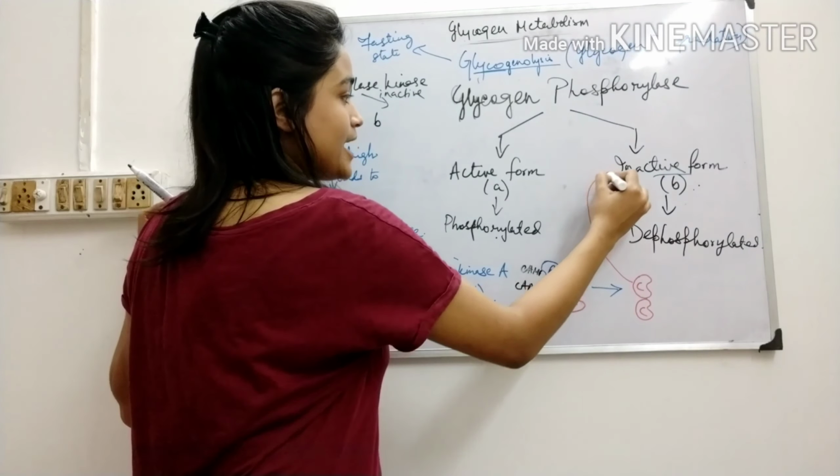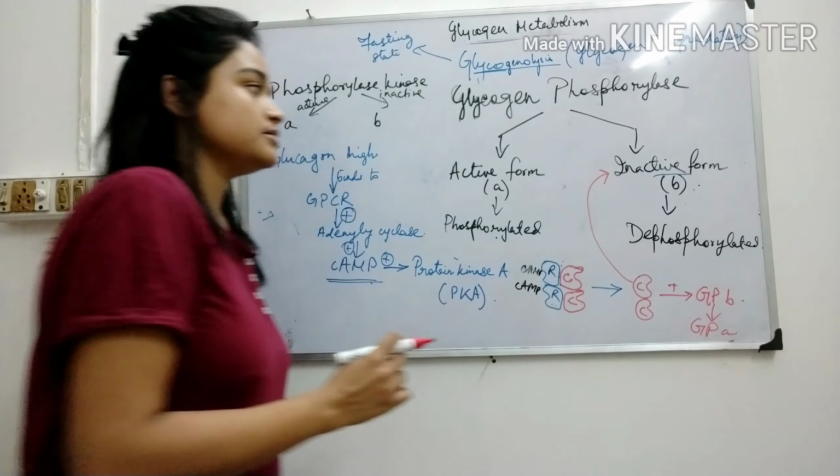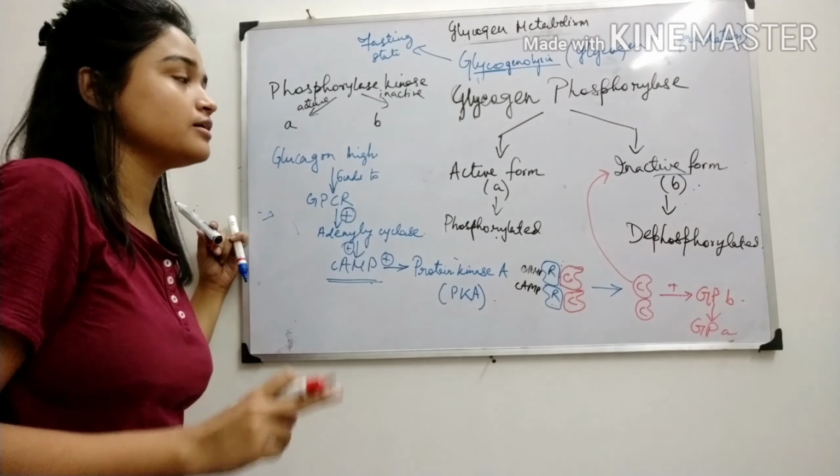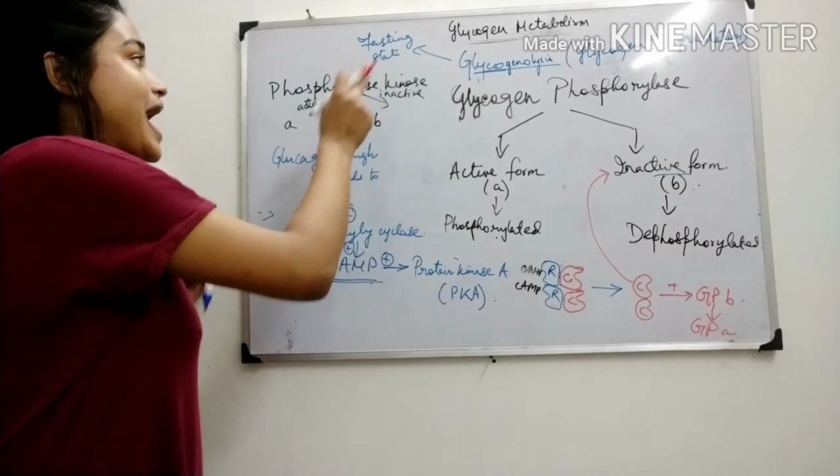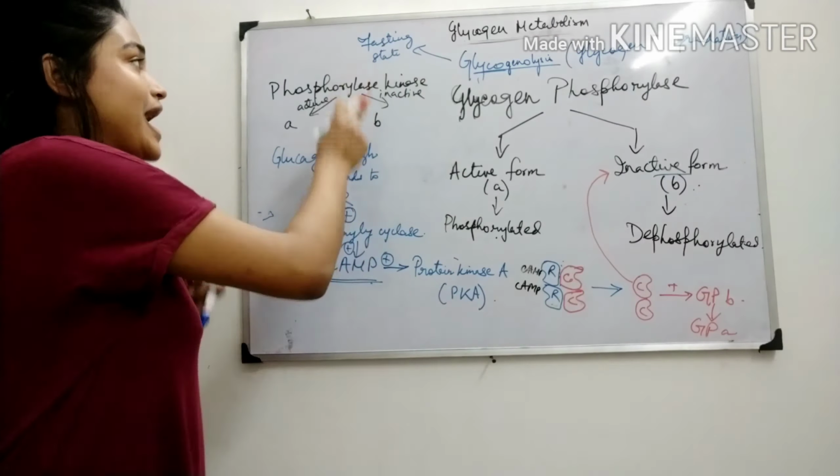Now when this acts, it will phosphorylate this and activate GPA, the active form of glycogen phosphorylase, which will act on the glycogen and liberate glucose. So this is your overall scenario of how glycogenolysis is regulated.